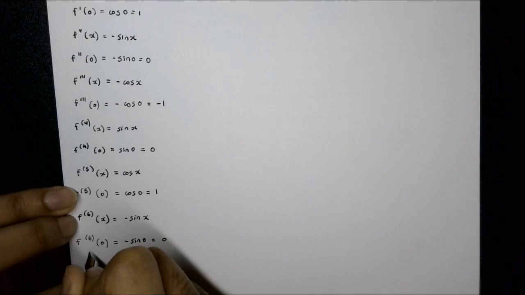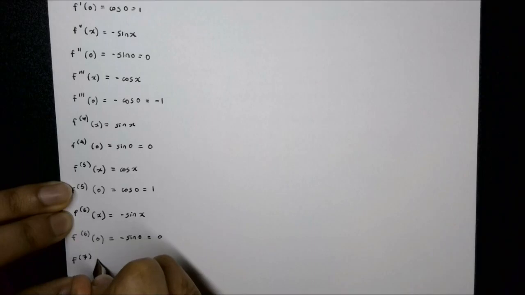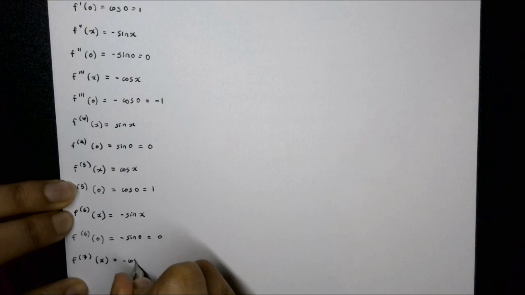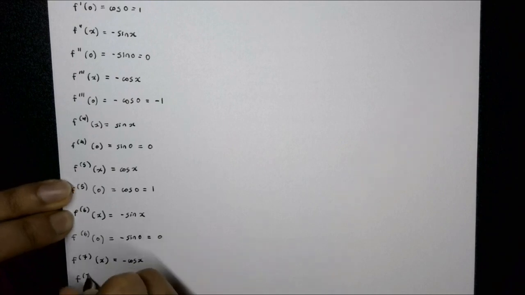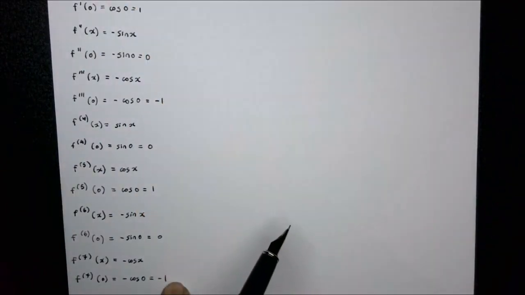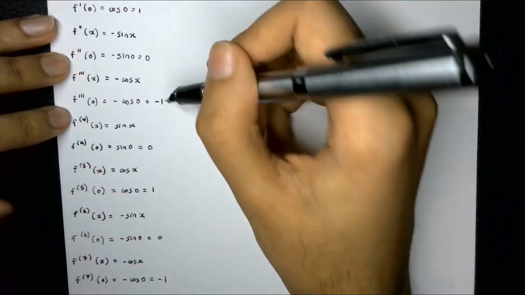And now if we work out the seventh derivative of x, you'd find the seventh derivative is equal to minus cos x, and therefore the seventh derivative at 0 is equal to minus cos of 0, which is minus 1. So we've got 1, 2, 3, 4 terms here. And what you'll also notice, if the nth derivative of f is equal to 0, if n is even, then we've got a cycle with values 0, 1, 0, minus 1.